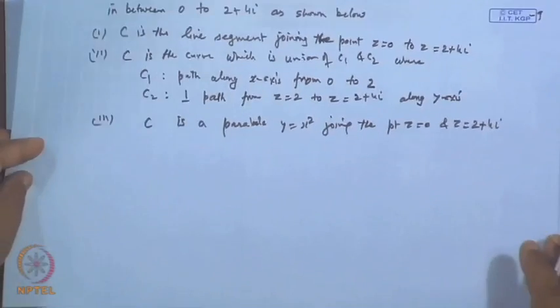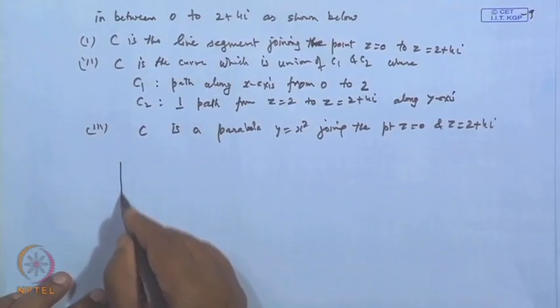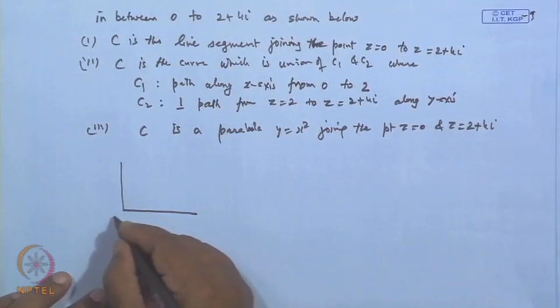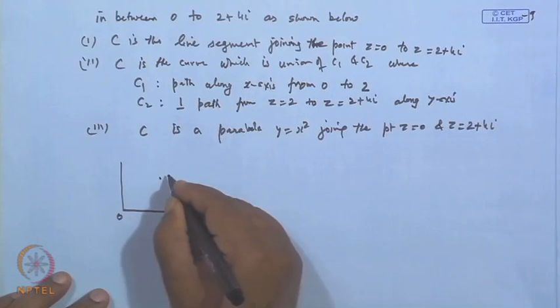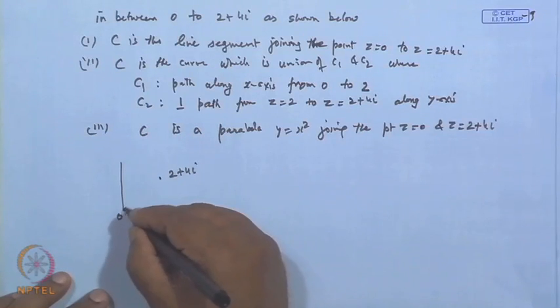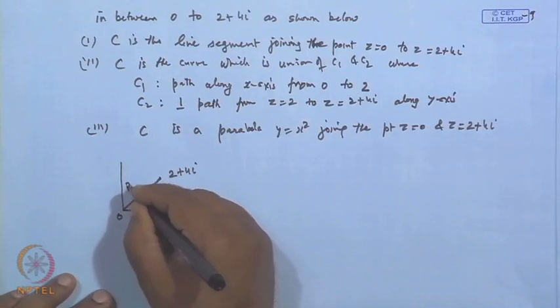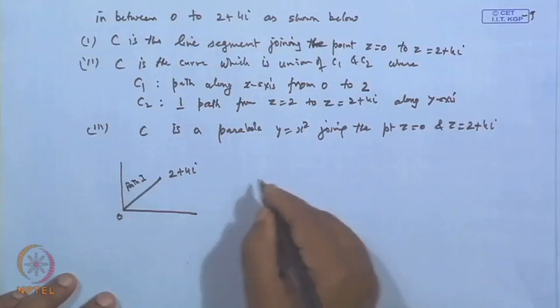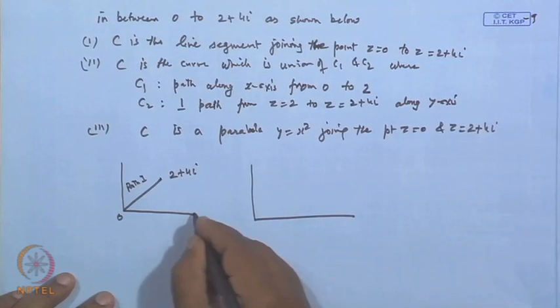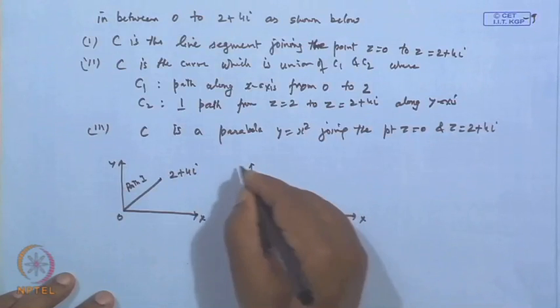So, we have seen these three cases. This is the first case, z equal to 0 is this point, here is z equal to 2 plus 4i. So, this is the first path. Here this is the x axis, this is the y axis.